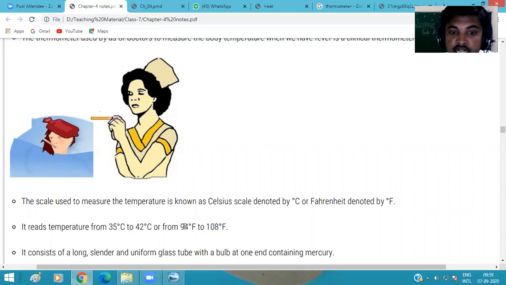It means 94 Fahrenheit is approximately equal, not exact, to 35 degrees Celsius, and 42 degrees Celsius is approximately equal to 108 degrees Fahrenheit.